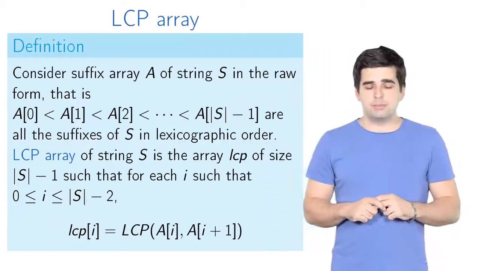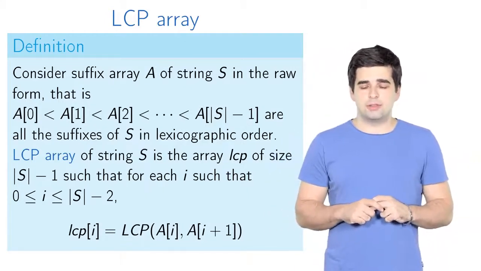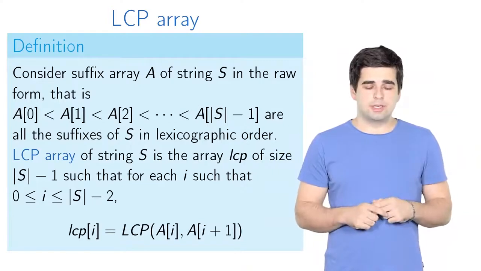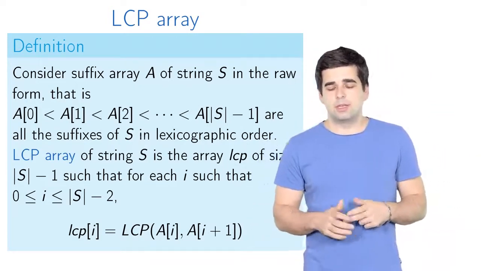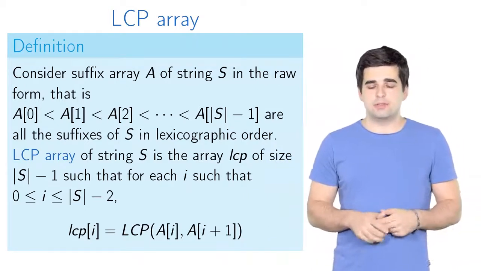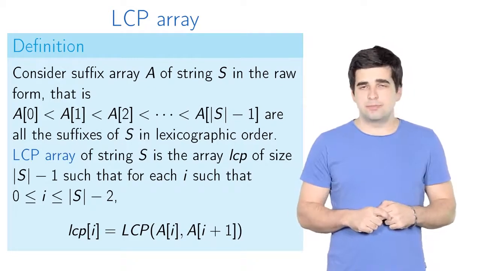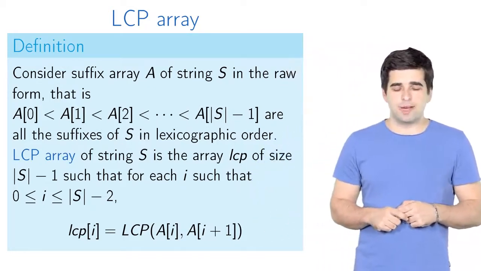So we define LCP array, and let's consider suffix array A of string S in the raw form. That is that A0 is a suffix, A1 is a suffix, and so on up to A length of S minus 1. All those are suffixes of S in lexicographic order. Then LCP array of string S is the array LCP small of size length of S minus 1.